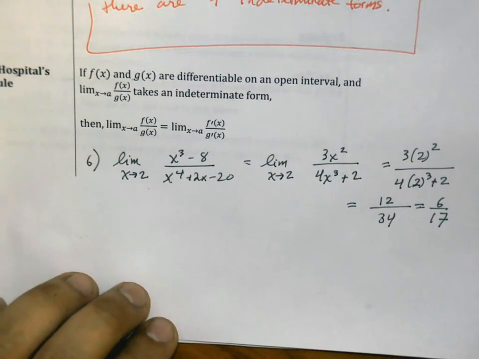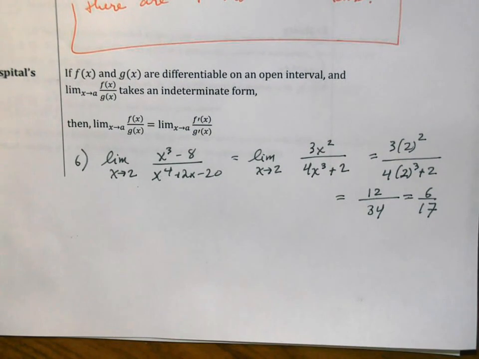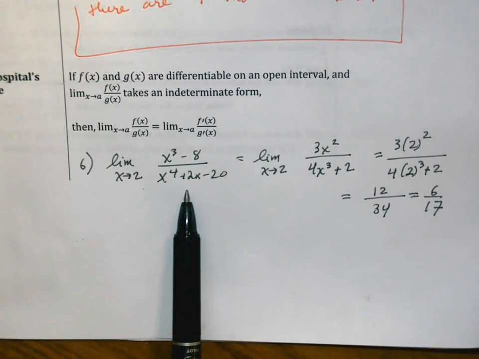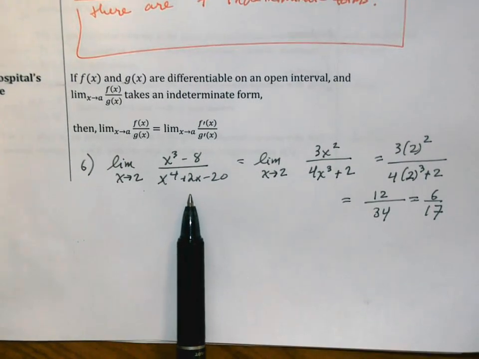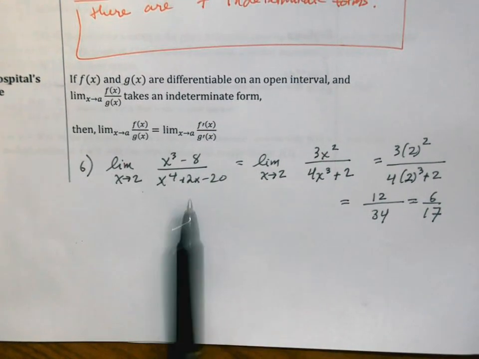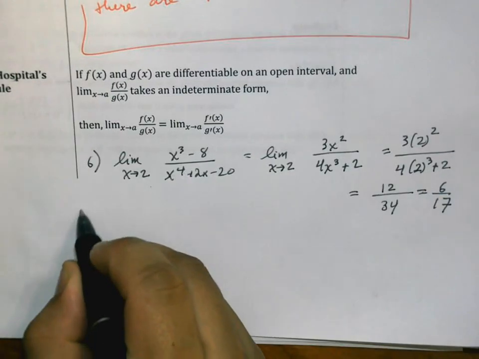So it's a little bit different than the other ones that we've seen. There are some ways you could probably factor the denominator here, but that's not an easy task. You can also try some types of synthetic division, but that's also not very straightforward. L'Hopital's rule gets the job done quite well.